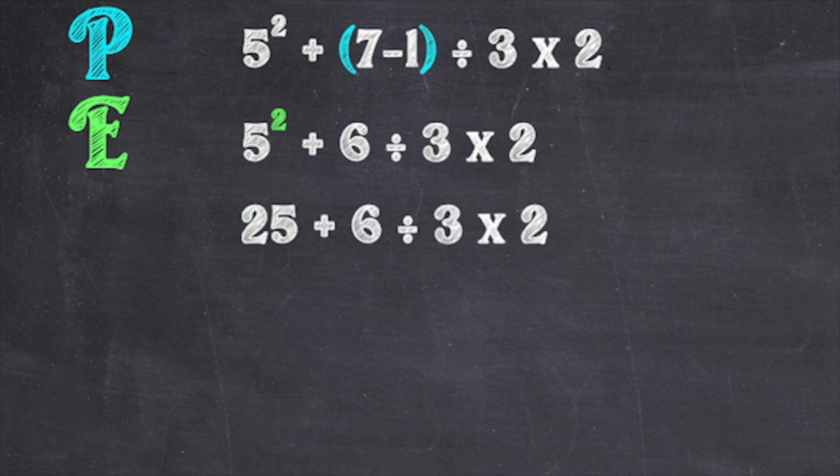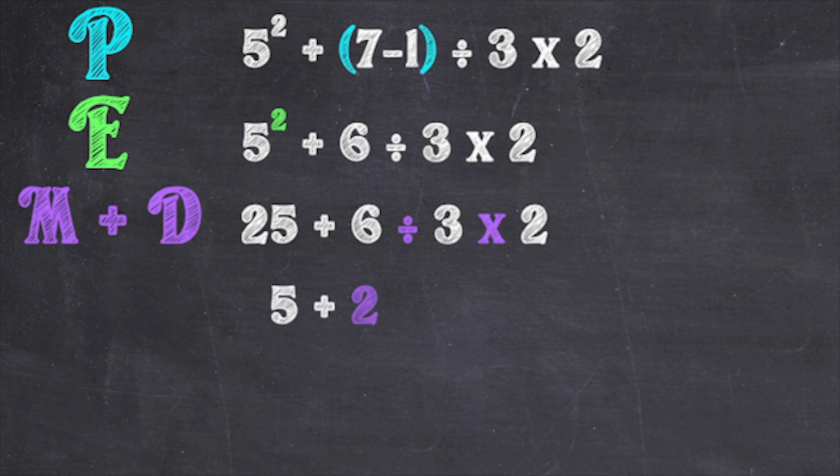Now let's do any multiplications or divisions. Reading the expression from left to right, the first multiplication or division symbol that we see is that division symbol between 6 and 3. So let's do that first. We have that 6 divided by 3 is 2. And now we have the expression 25 plus 2 times 2.